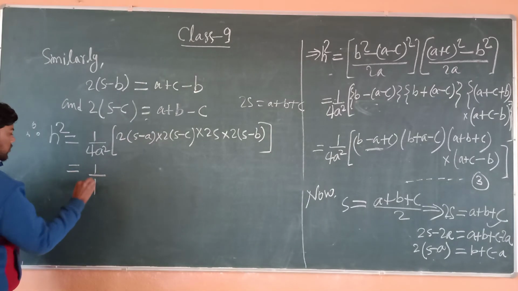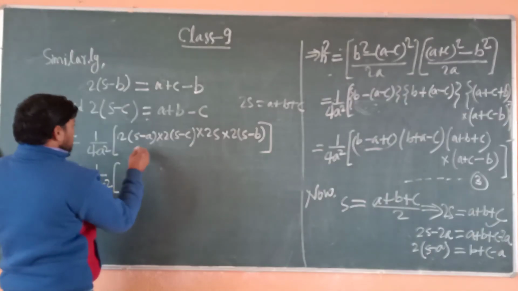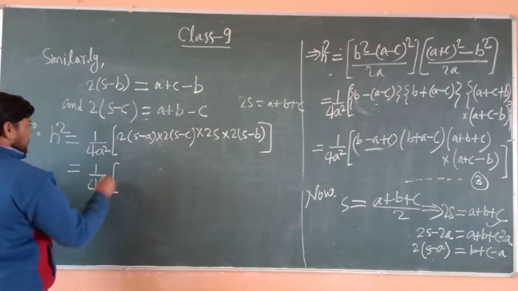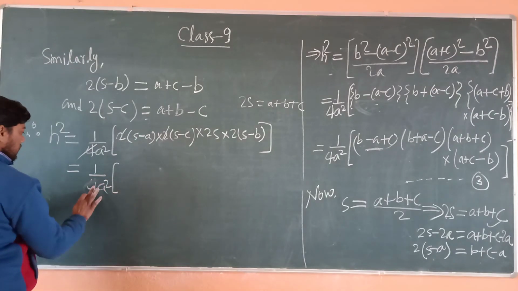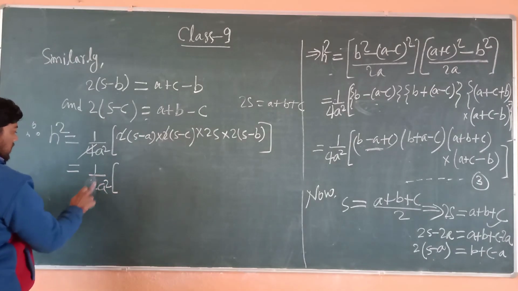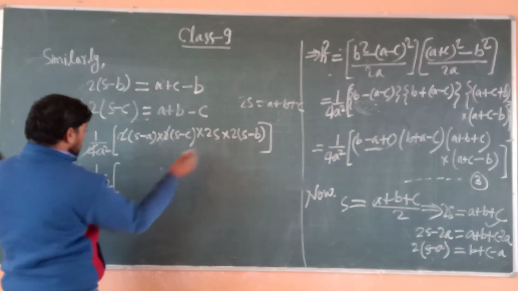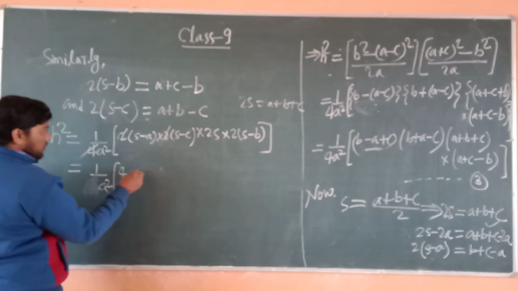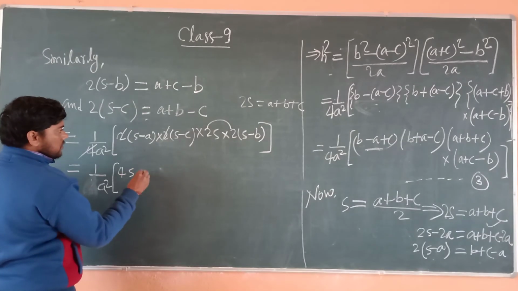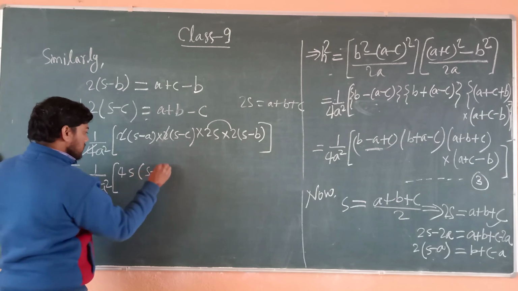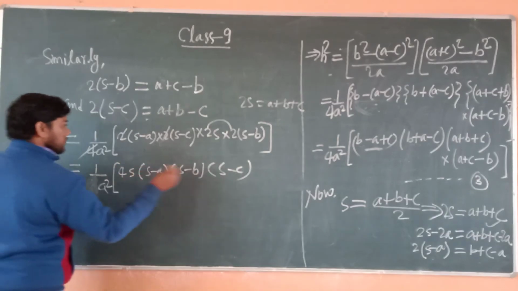Then 1 upon 4a whole square, 2 to the 4 will be cancelled, so 1 upon a square only, and 4 into s into s minus a into s minus b into s minus c.